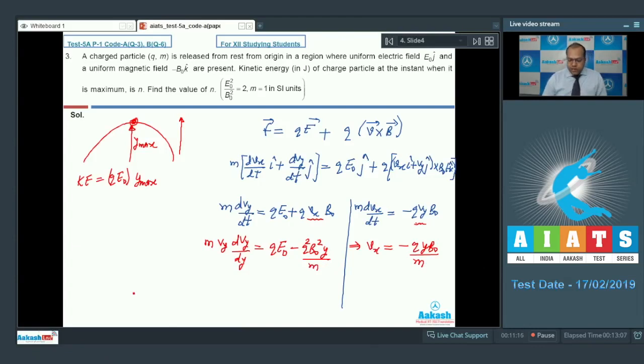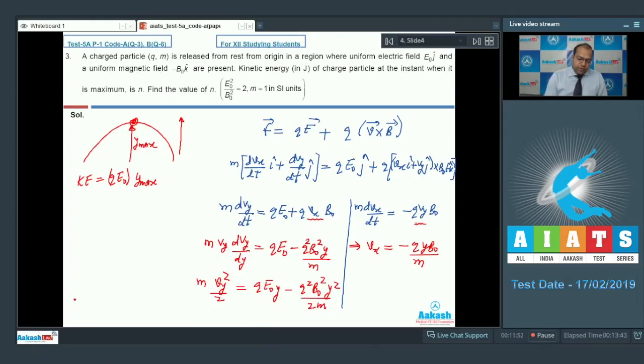If I separate the variables and integrate, then m into Vy square by 2 is equal to q into E0 into y, because at t equal to 0, at x equal to 0, the y coordinate is 0 and the initial velocity is 0 in the y direction. Further, I can write minus q square into B0 square y square by 2m.